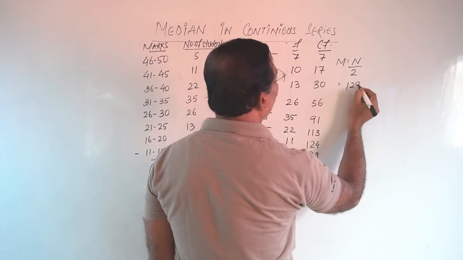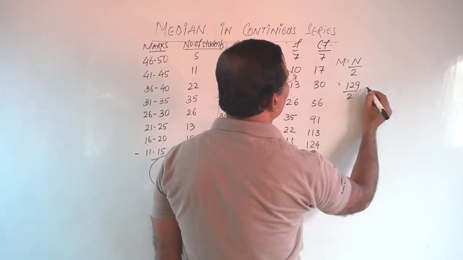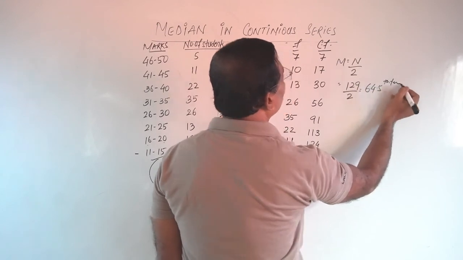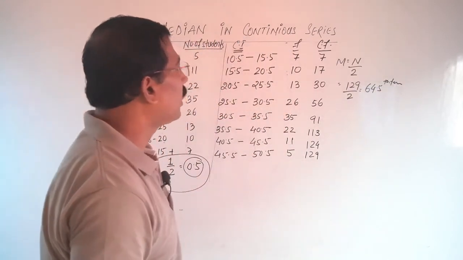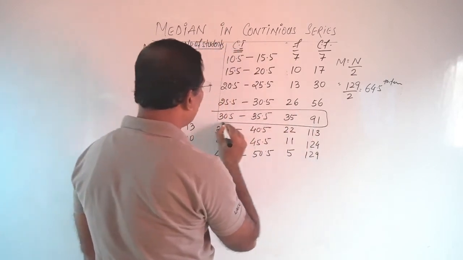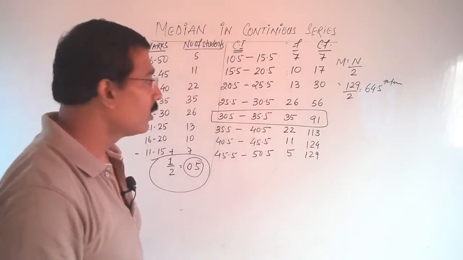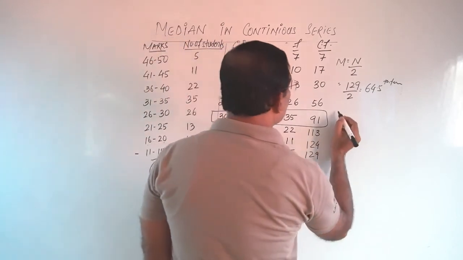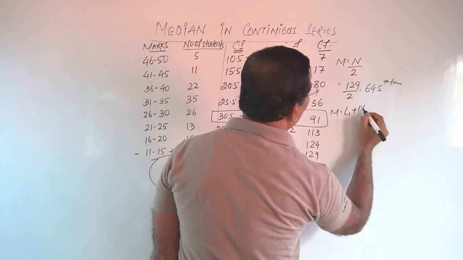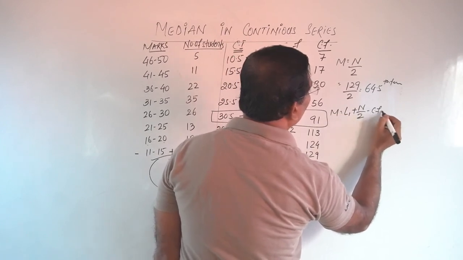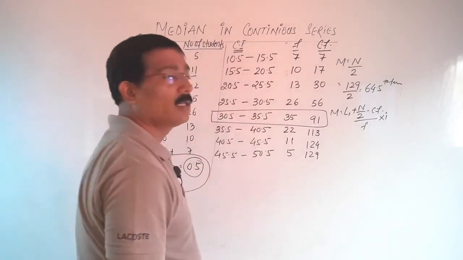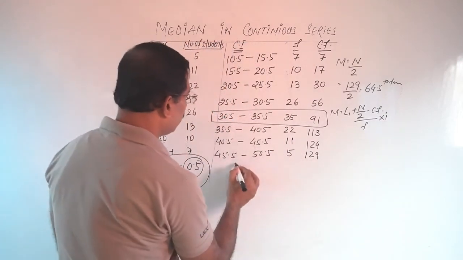So this will be 129 upon 2, so here will be 64.5th term. 64.5 will lie in this class, the median class. Okay, 64.5. So the formula is M is equal to L1 plus N by 2 minus CF upon F into i.